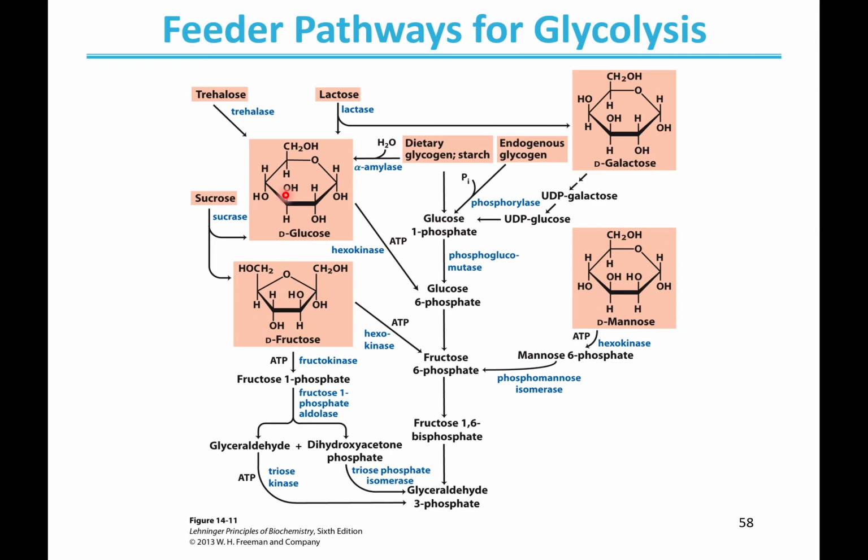Lactose has one molecule of glucose and one molecule of galactose. That galactose has quite a few other steps it has to go through to actually get into glycolysis, which would be right here. This is what we'd think of as glycolysis.